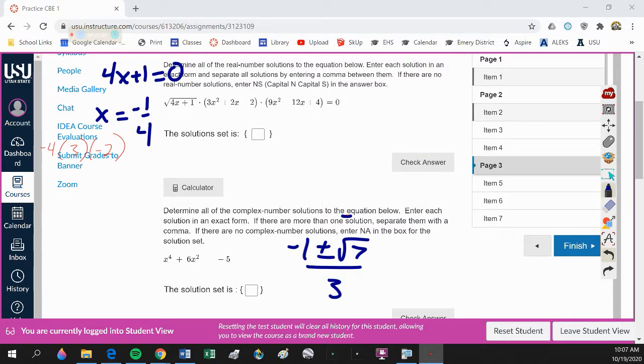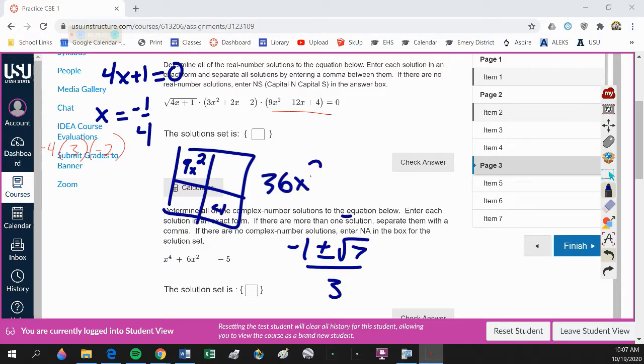Okay. Let's see if this factors. 9x squared, 4, 36x squared. Are there factors of 36 that add to be negative 12? So 1 and 36, no. 2 and 18, no. 3 and 12, 4 and 9, 6 and 6. So the 6's will work. Negative 6x, negative 6x.